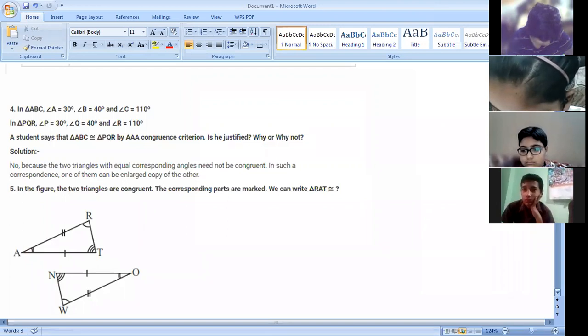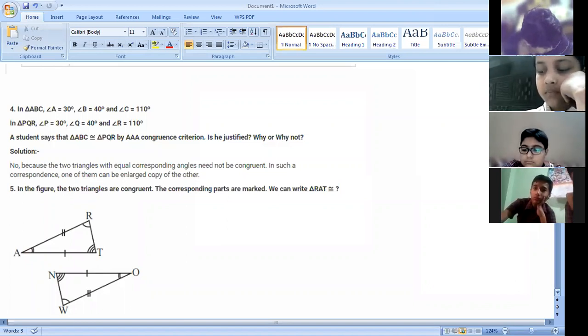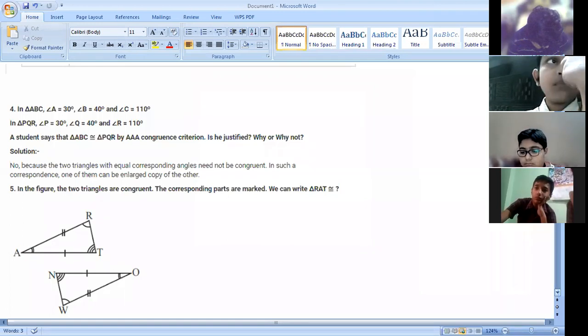A student says that triangle ABC is congruent to triangle PQR by AAA congruence criteria. Is it justified? Why or why not?